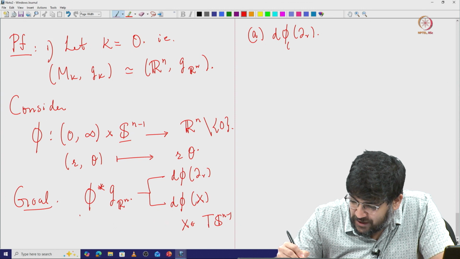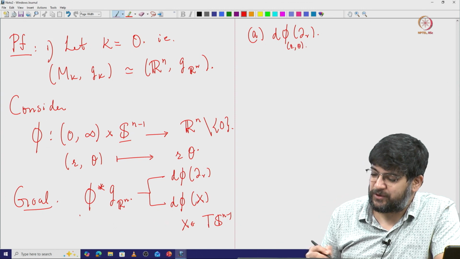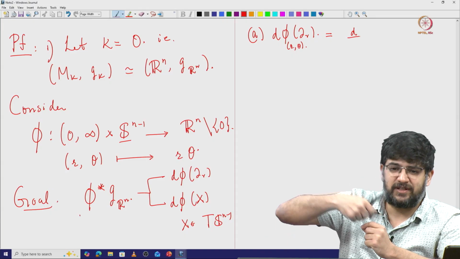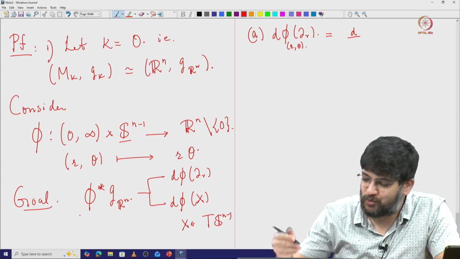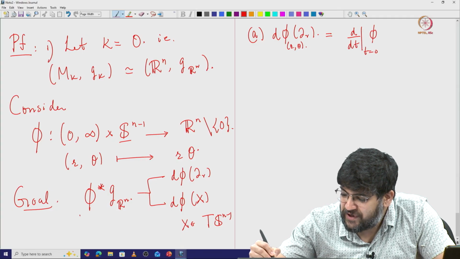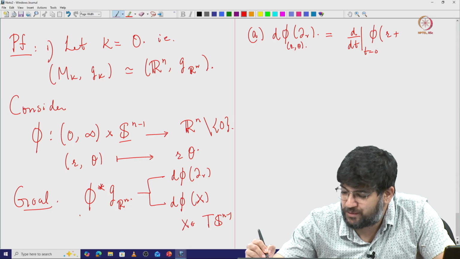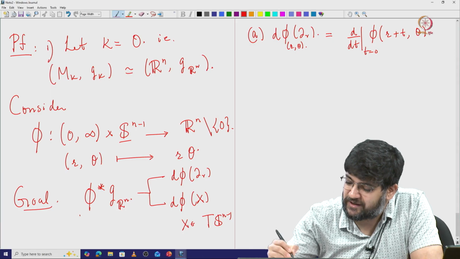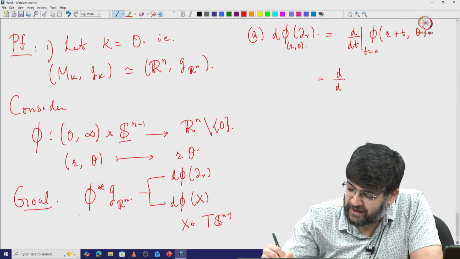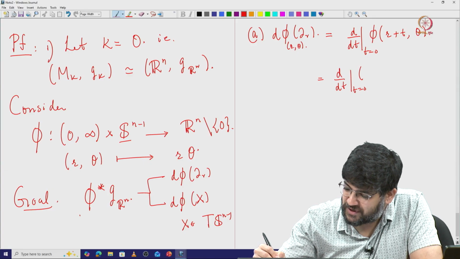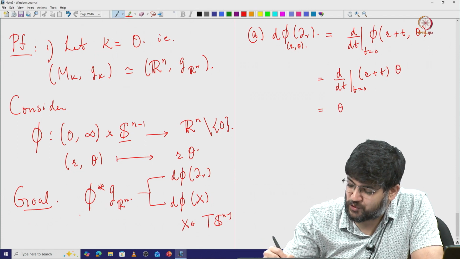Okay, let's say at a point r comma theta. Then by definition you just take a path in the radial coordinate. So this is d by dt at t equals 0, phi applied to a trivial path in the radial coordinate, which is just r plus t times theta. So that is going to be d by dt at t equals 0 of r plus t times theta, which is of course just theta.